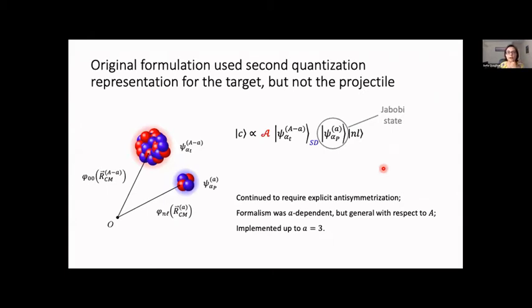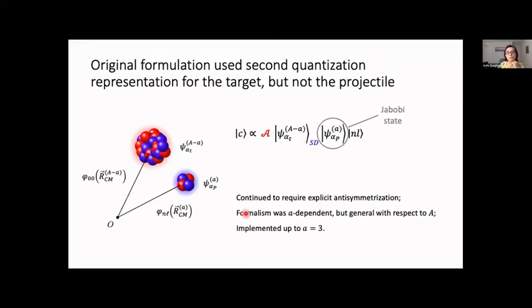These continued to require explicit antisymmetrization of the channel wave function. And what that meant was that the formalism was dependent on the number of nucleons in the projectile. So it was specialized to the projectile that was used, although it had the benefit of being general with respect to the total number of nucleons.